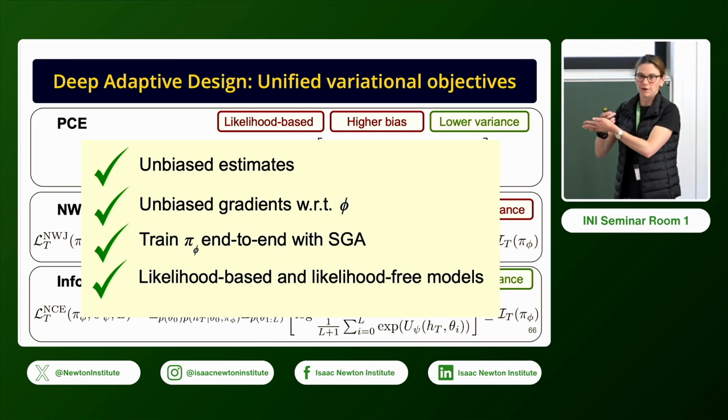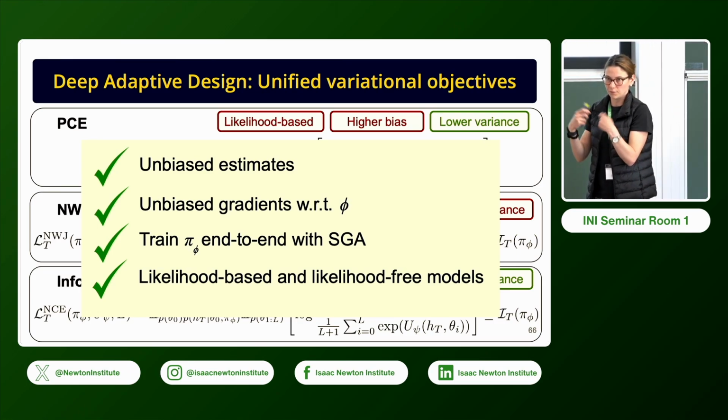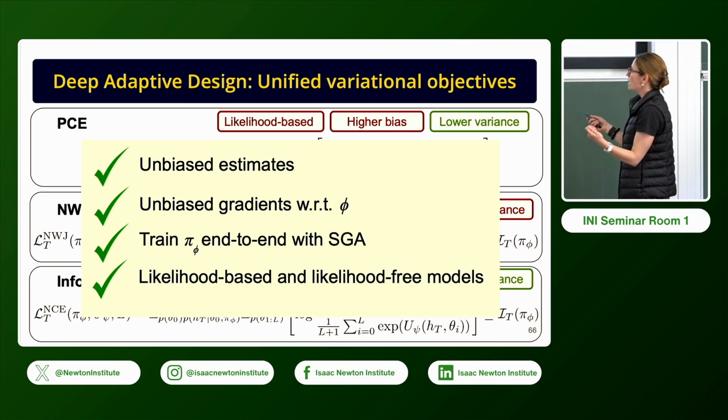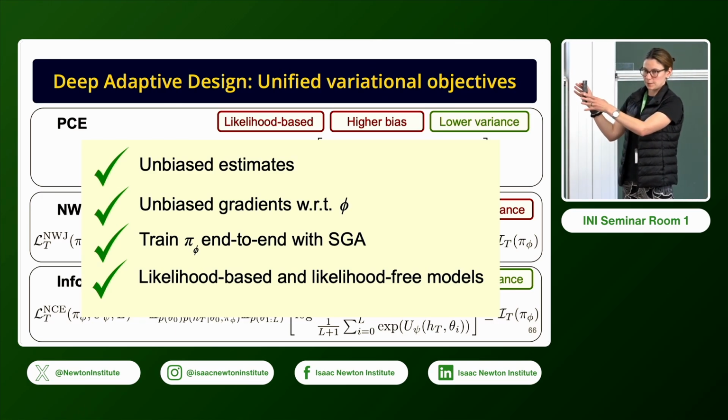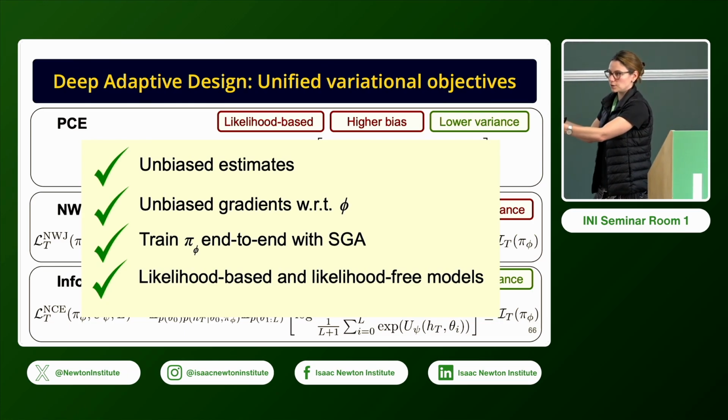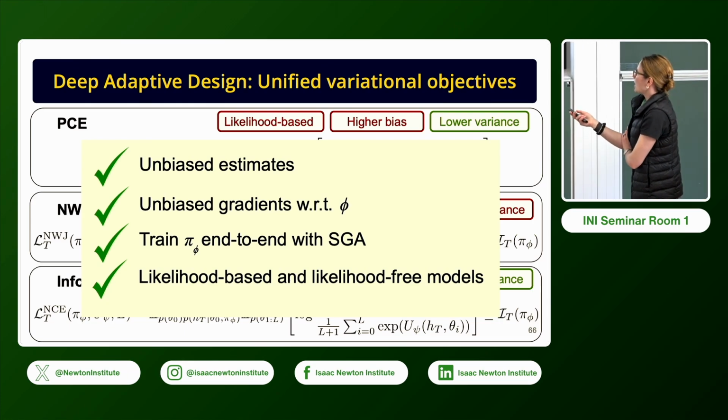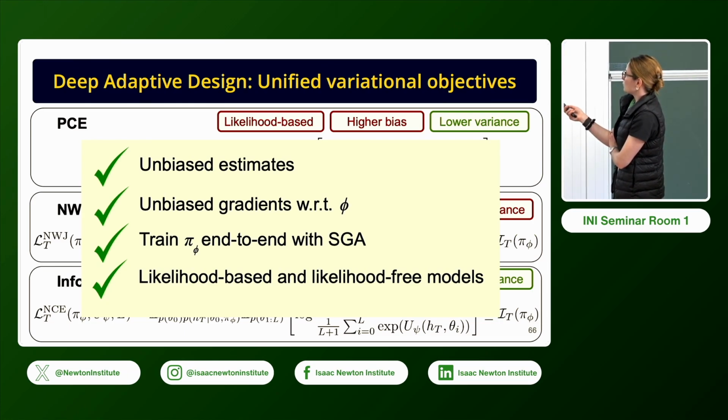These are things that you can evaluate and run stochastic gradient schemes on. The key point is that we're able to get unbiased estimates. In other words, we are able to run stochastic gradient schemes with respect to both the policy and the critic, which then allows us to train this policy network in an end-to-end manner with stochastic gradients, and it's applicable to both likelihood-based and likelihood-free models.